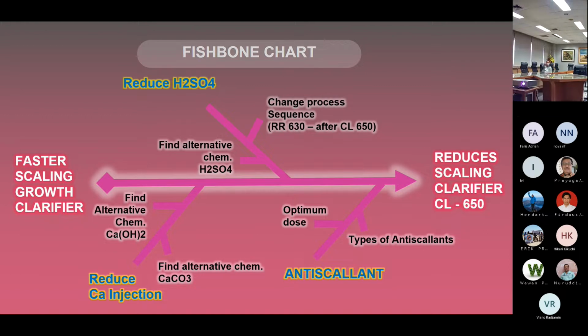They explain that the scaling comes from calcium sulfate. One of the solutions is to reduce the calcium amount in our process, so it can reduce our scale.